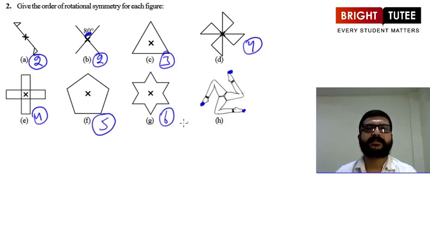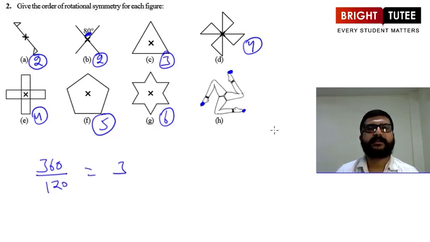Now if we rotate this by 120 degrees, we are going to get the same figure back again. So the order of rotational symmetry will be 360 divided by 120, and this is 3. Therefore the order of rotational symmetry is 3 for this figure.